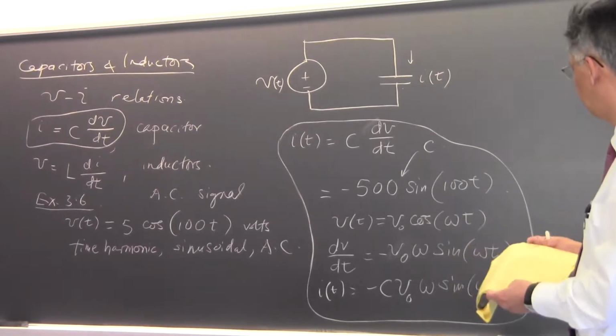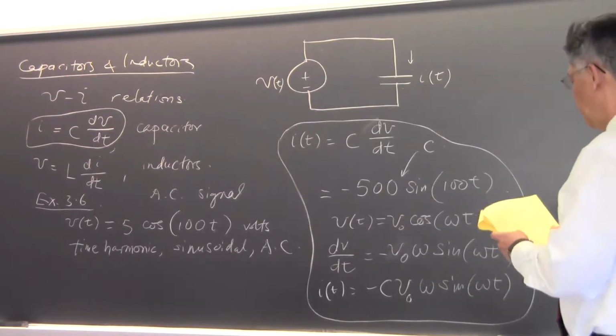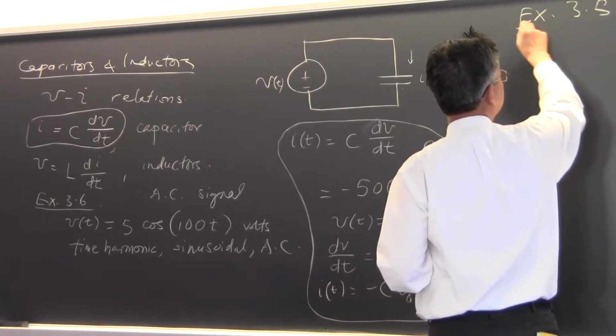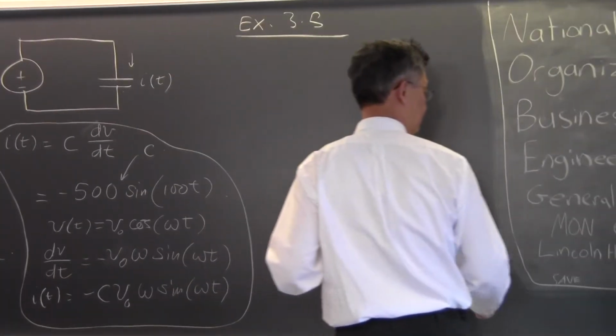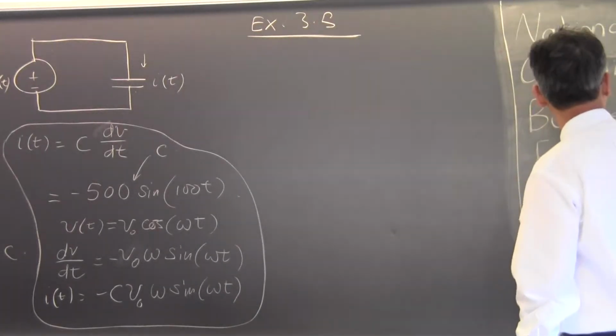Okay, so a very simple differentiator circuit. And then if you have example 3.5 of the textbook, let's erase this one. So everybody has copied this one, right? So I can erase this.